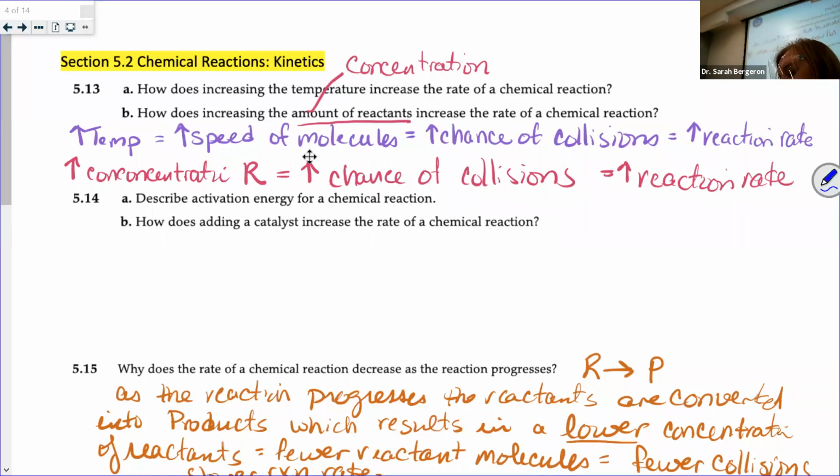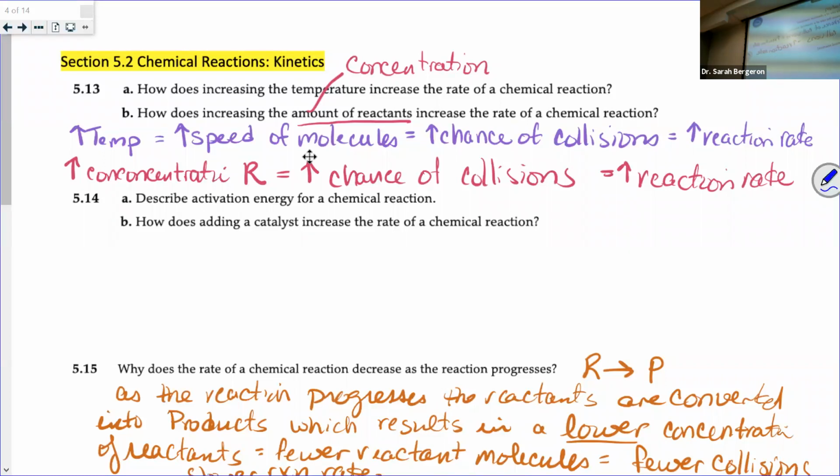Kinetics is all about how quickly something happens, right? When you think about kinetics, think about the speed of things happening. And when I think about chemical reactions, I like to think about cars. You heard me talk about that a lot on the videos. I equated them a lot of times to cars.